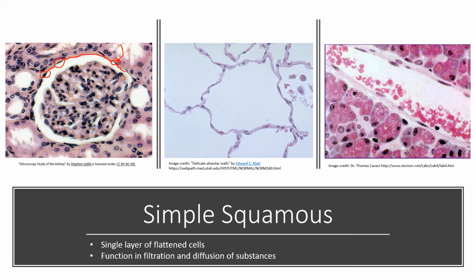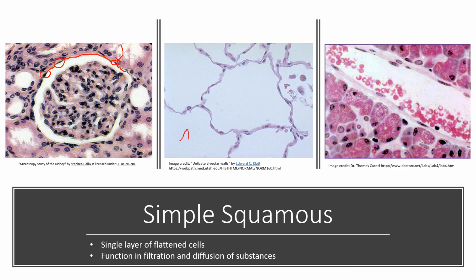So the bulges are nuclei for these simple squamous epithelial cells. And the line that I'm talking about is basically where you have cytoplasm and plasma membrane. So you can see that this type of tissue is exceedingly thin, which is going to again aid in the filtration and diffusion of substances within the body.